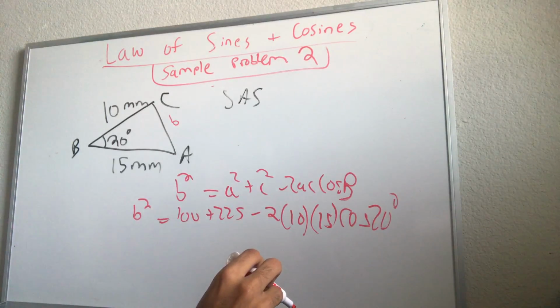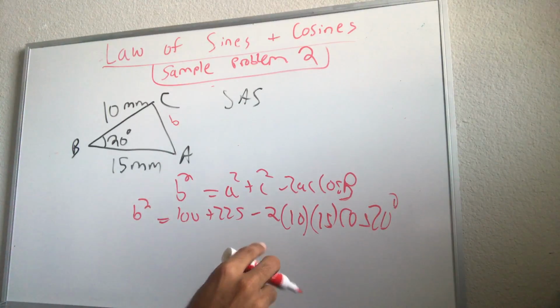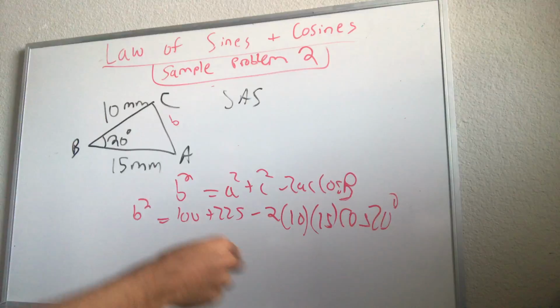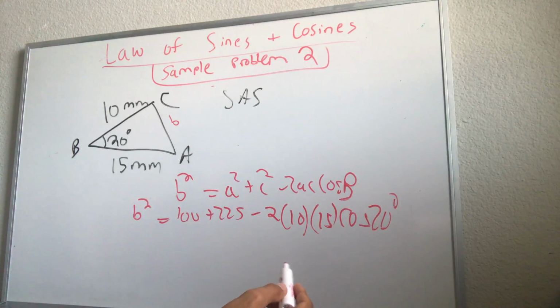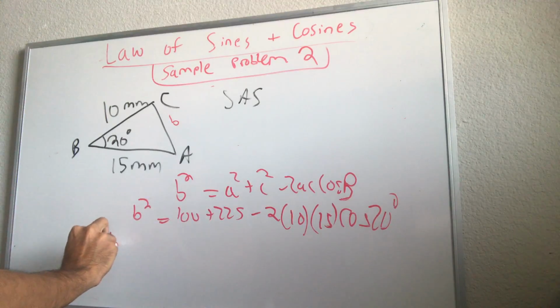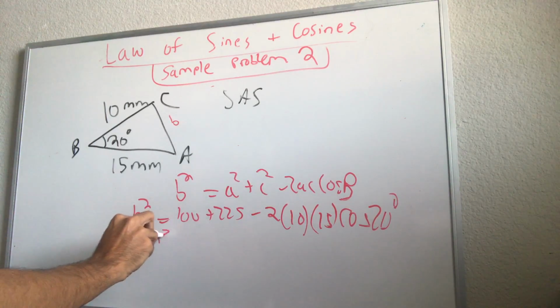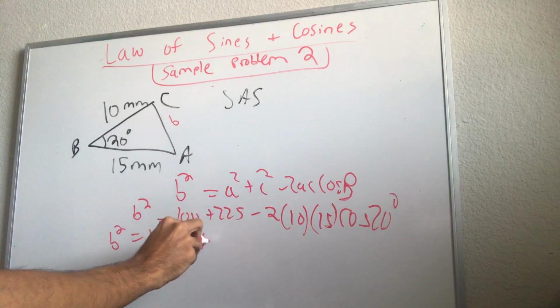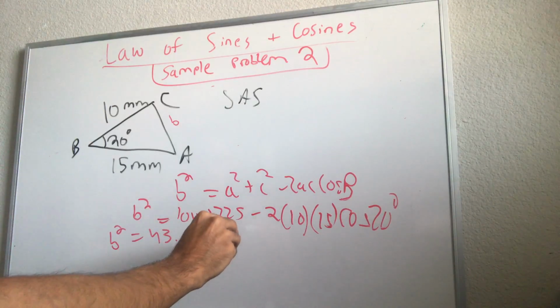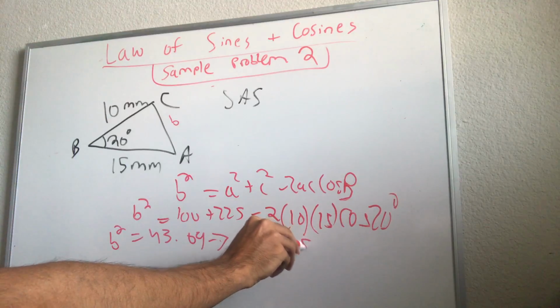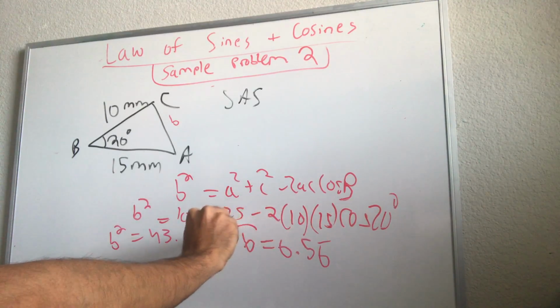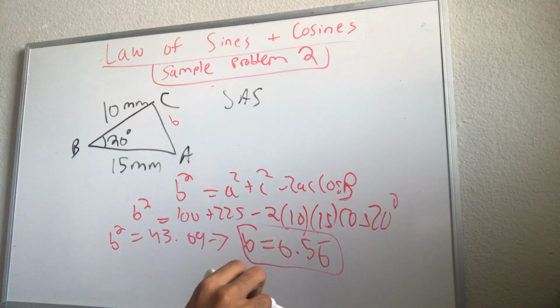Now we just evaluate this, and that is equal to b squared. You get b squared is equal to 43.09, and taking the square root, b is equal to 6.56.